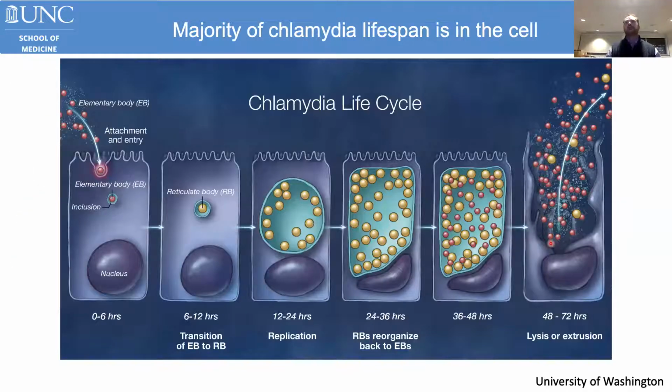Another good example is chlamydia. Chlamydia spends the majority of its life cycle within the actual cell, only lysing out for a little bit of time before subsequently re-entering another cell. As antibodies often act extracellularly, it's very difficult for them to prevent further infection when chlamydia basically pops out and then is able to go on and infect another cell.